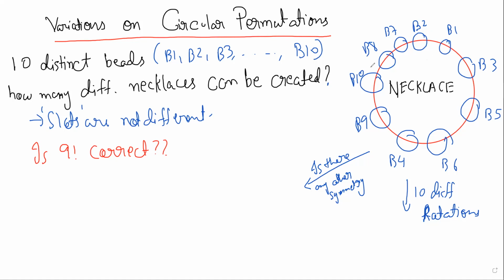If this necklace is here, you could be standing here and looking at it, or you could be standing behind and looking at it. And what you would see is two different arrangements of beads, right? It would go anti-clockwise, but they are the same.